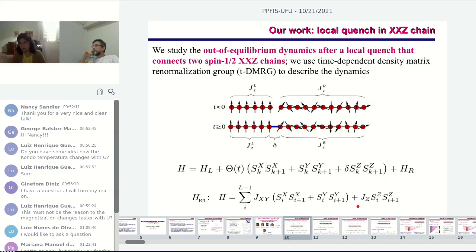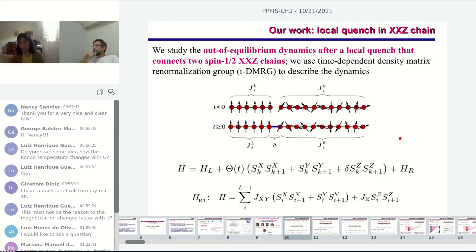When we write it down as a function of components, we have the X component, the Y component, and the Z component, in such a way that we can have the coupling in the Z direction different from the coupling in the XY direction. Usually we set J_XY equal to 1. It's our unit of energy, and we can change this coupling in the Z direction. Usually we call it the anisotropy parameter.